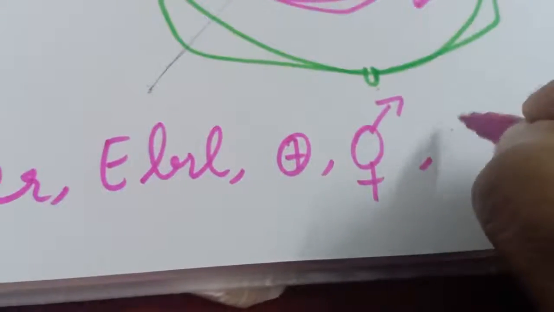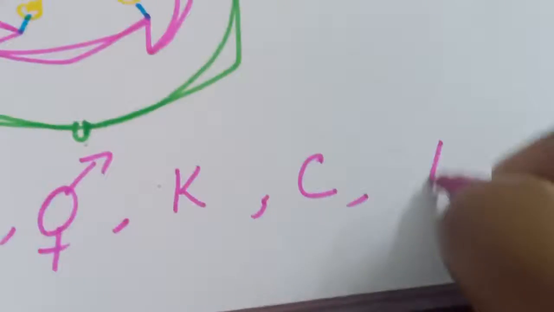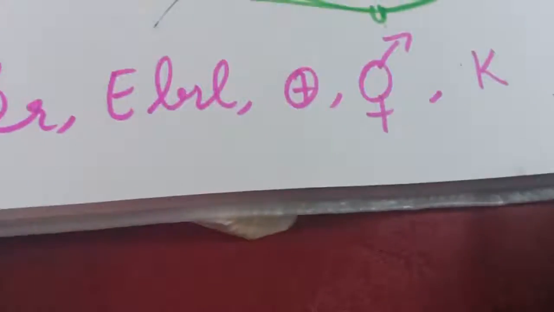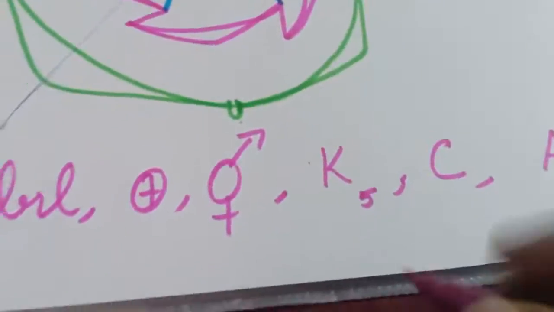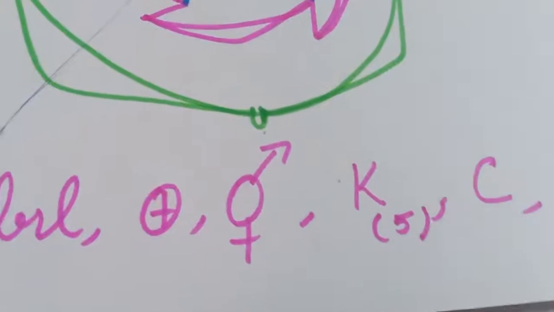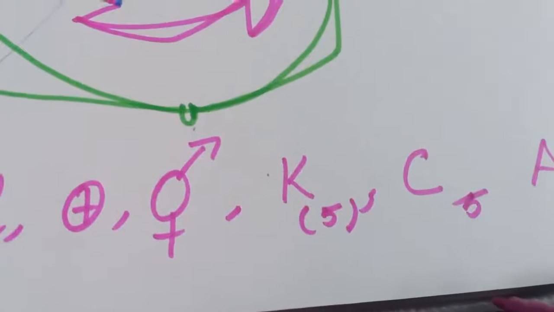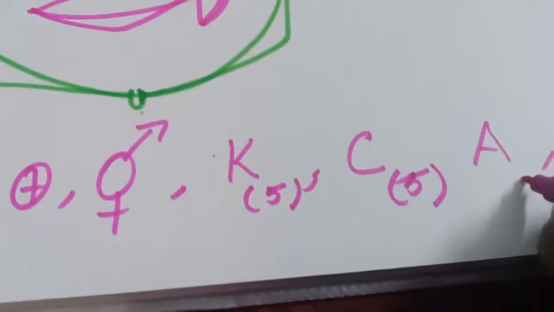Now coming to the calyx, you have calyx, you have corolla, you have androecium, and you have gynoecium. Let's start with the calyx. How many calyx? 5 calyx. How are they present? They are joined. Okay. How many petals? 5 petals. How are they? They are joined. How many stamens? 5.